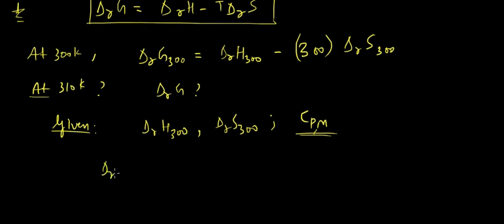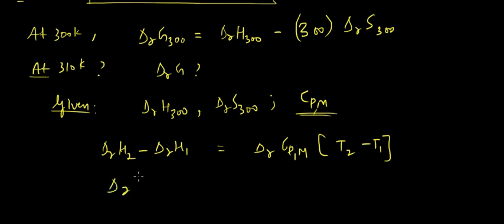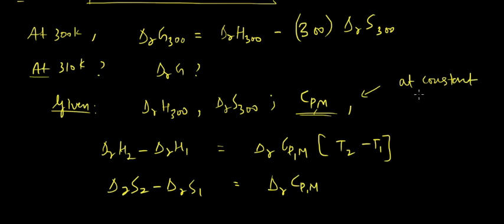Okay, so we can write delta R H2 minus delta R H1 would be equal to delta R CPM times (T2 minus T1), assuming that the CPM is temperature independent, so T2 is 310 and T1 would be 300. So similarly we can write delta R S2 minus delta R S1, and also we are given that this reaction is at constant pressure.